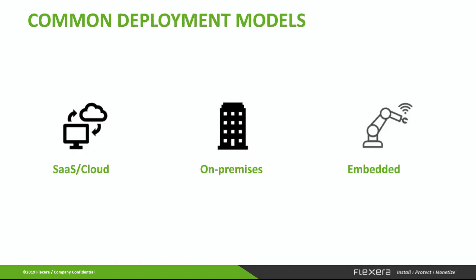And then one last thing before we get into some use cases is to keep in mind that licensing models are different than deployment models. Deployment models are the delivery mechanism, and various licensing models could be used with these deployment models.